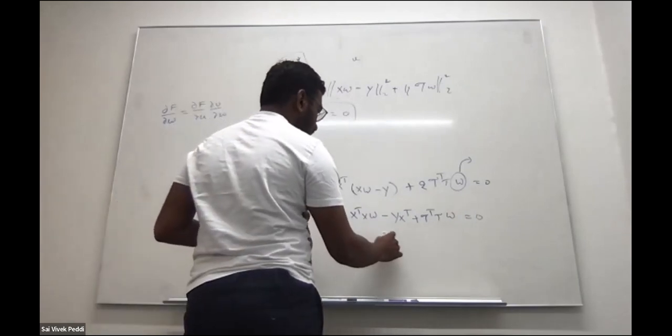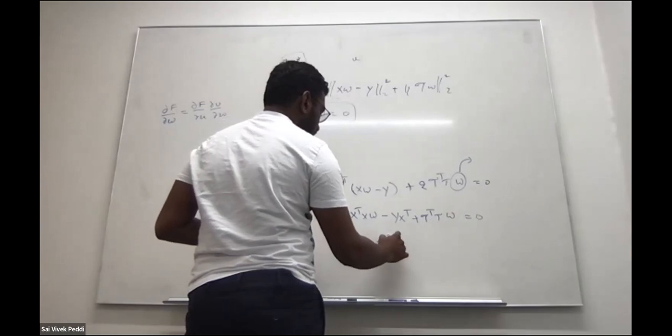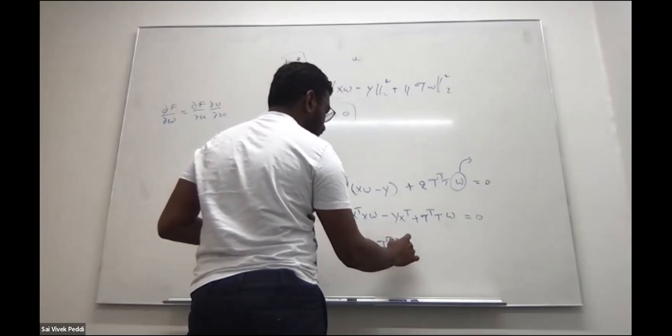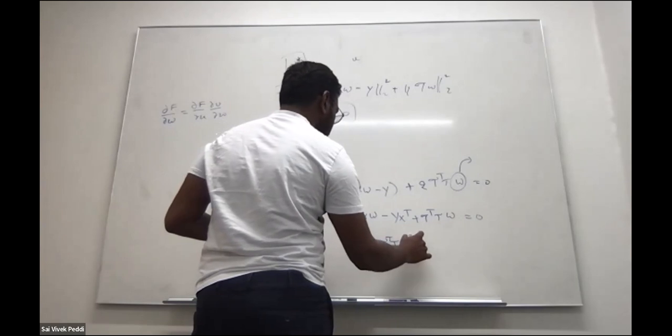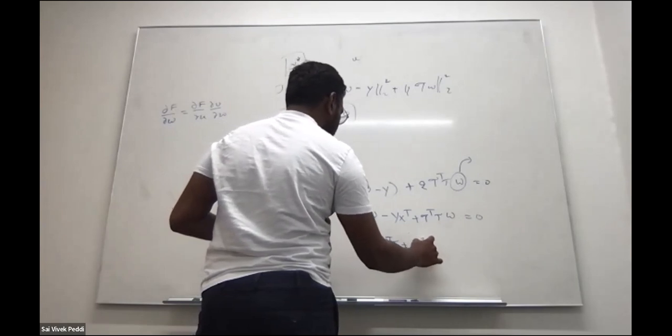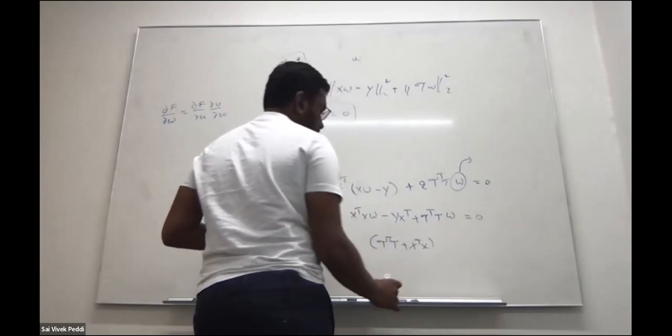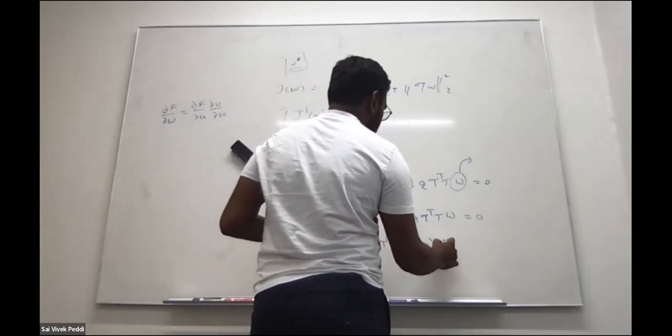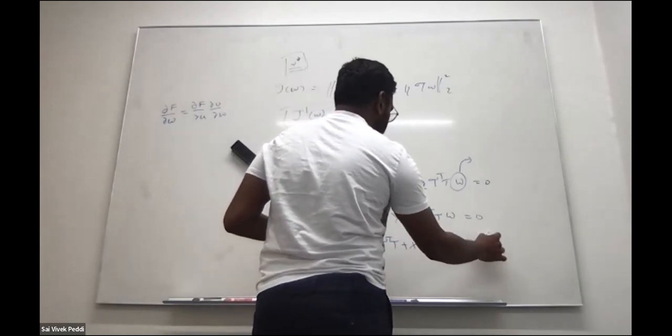So that means tau transpose tau plus x transpose x into w equals to y into x transpose.